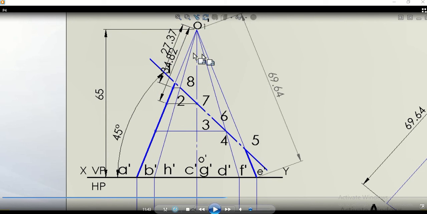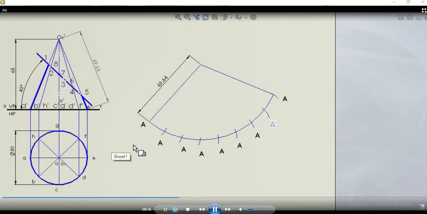Here no need to make it parallel and get a projection, because already you can observe in the top view this OA is already parallel to XY line. So you can take this slant edge length OA or OE as a true length itself. I have not made anything parallel once again here. Even if you try to make it parallel, we are going to get the same point here.